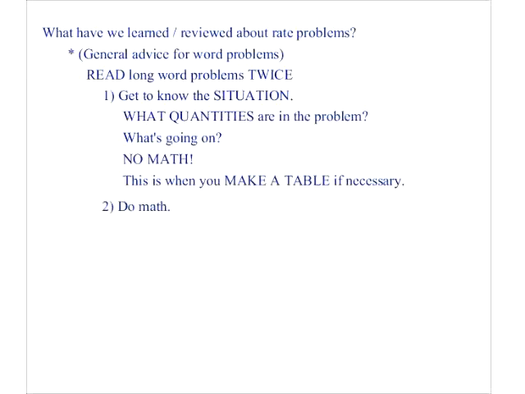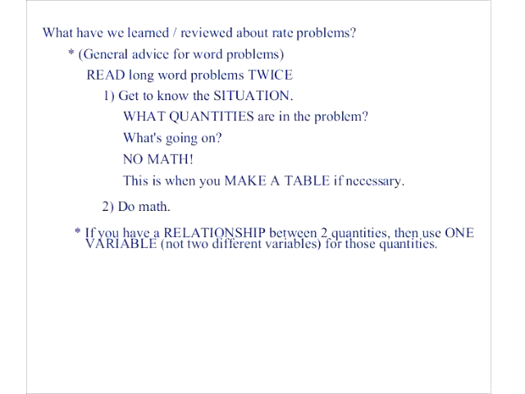Another thing we reviewed was that if you have a relationship between two quantities, then use one variable, not two different variables for those quantities. And then finally, don't forget about the third grade method as an alternative approach on rate problems.